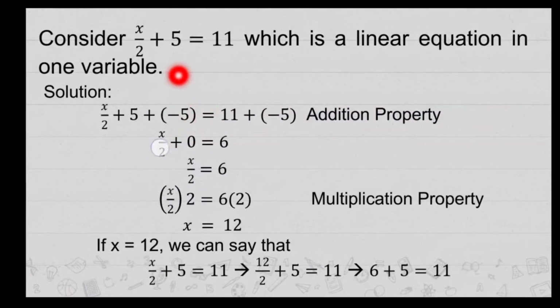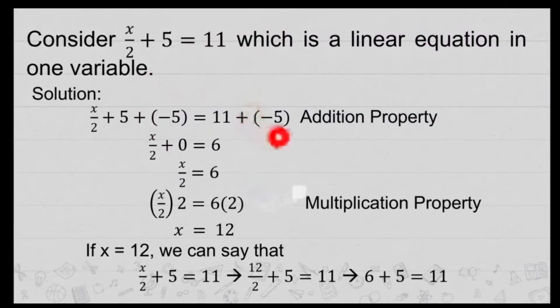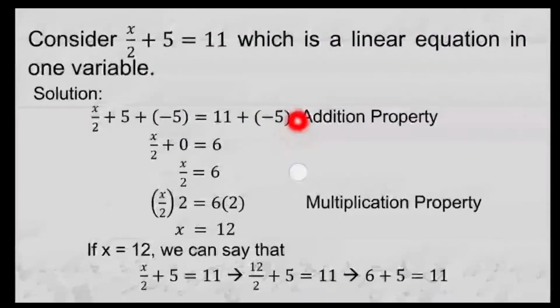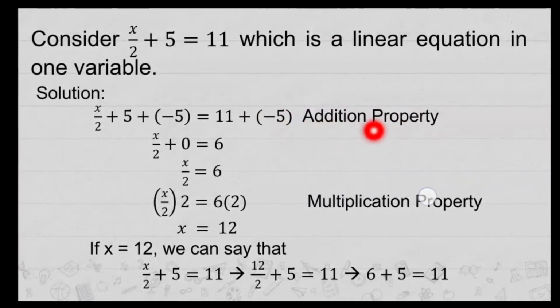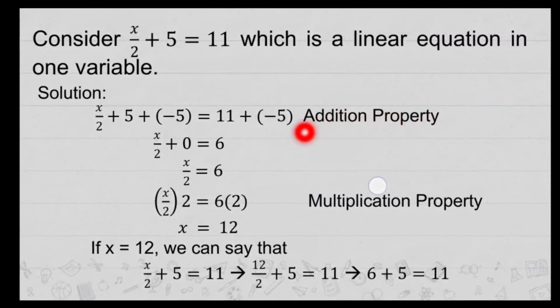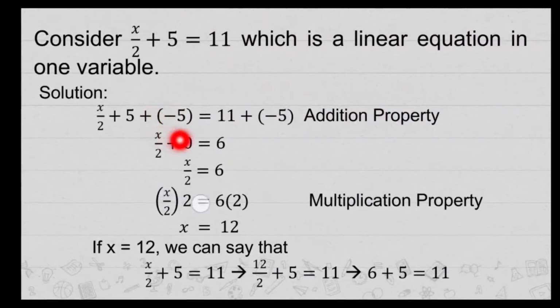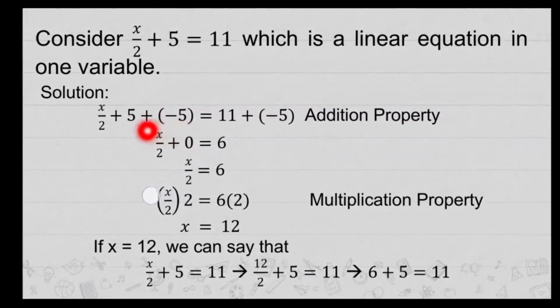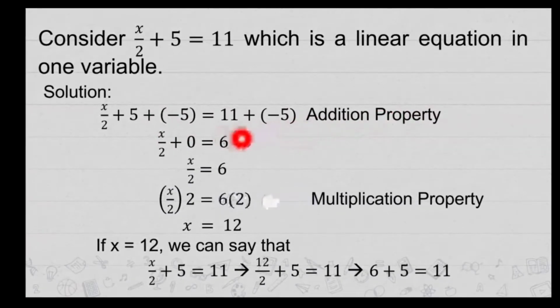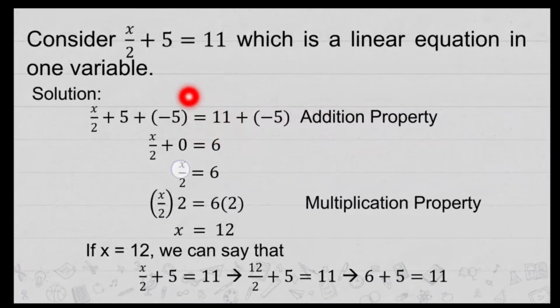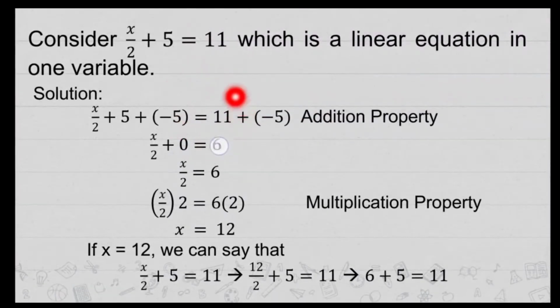If we add negative 5 here, we also add negative 5 to the other side. That is the addition property. Whatever you add on the left side, you also have to add on the right side to maintain the equality of the equation.